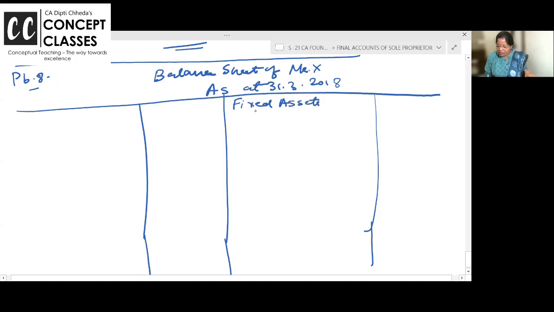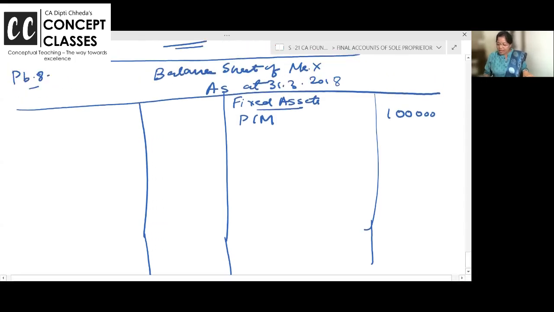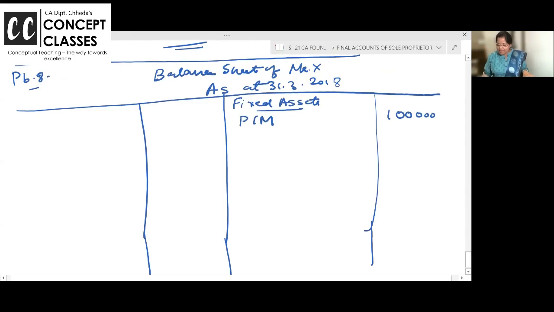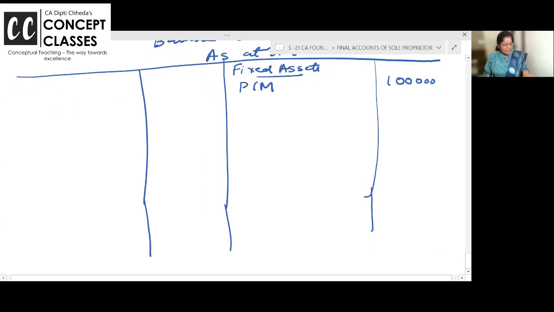All of you write too. Fixed assets. In fixed assets, the first item will come as plant and machinery, 1 lakh. Next is prepaid expense. So what to do? After fixed assets leave 4-5 lines, and you have investment also.